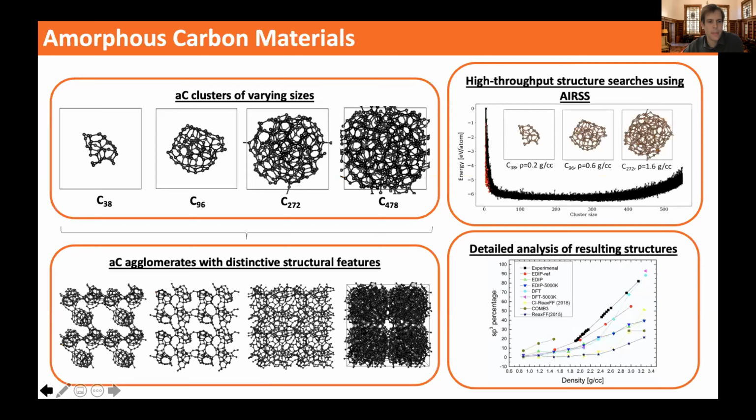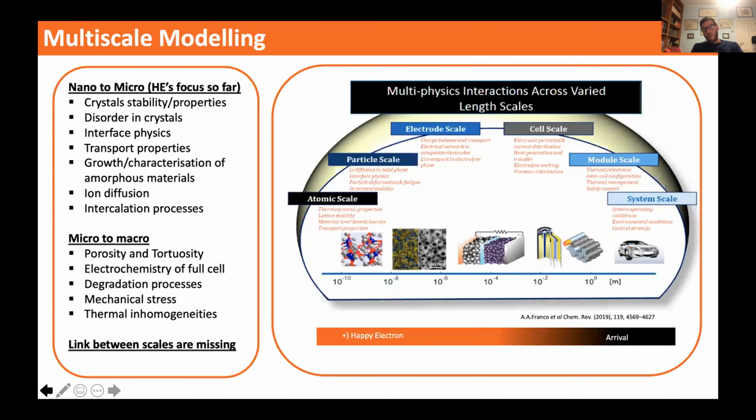Oh, AIRS definitely, especially with Georg now on board, we have the capabilities. We are now looking into the training of a new GAP potential for the other project, for the description of amorphous carbons. And we are expanding into coarse grain simulation to get to larger length scales.